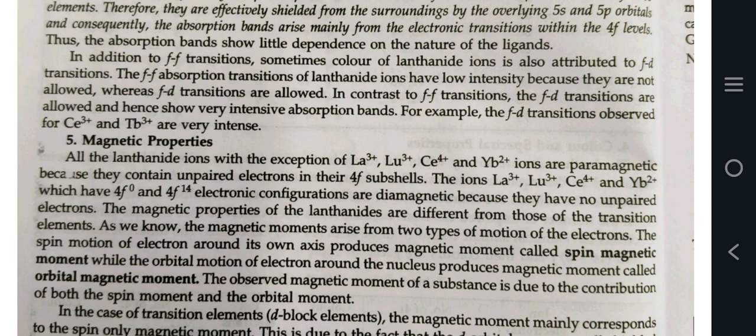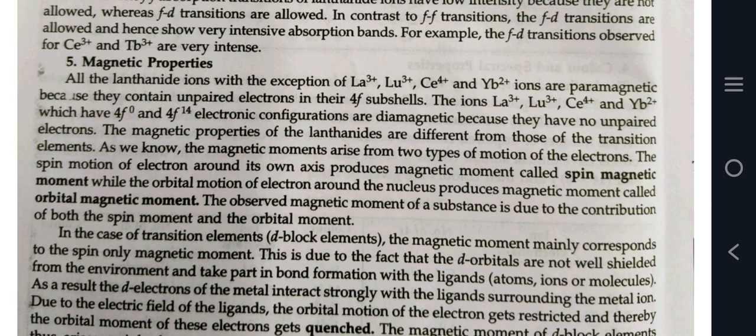As we know, the magnetic moment arises from two types of motion of the electron. The spin motion of the electron around its own axis produces a magnetic moment called the spin magnetic moment, while the orbital motion of the electron around the nucleus produces a magnetic moment called the orbital magnetic moment.